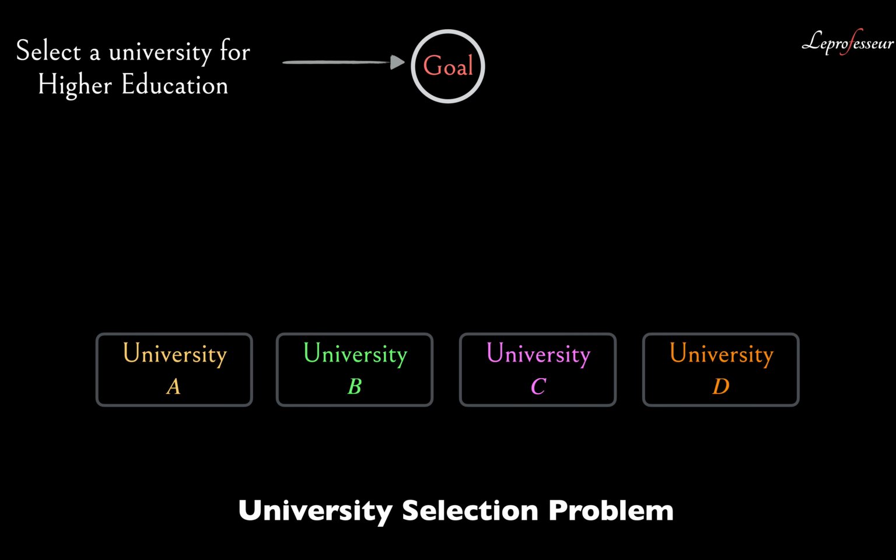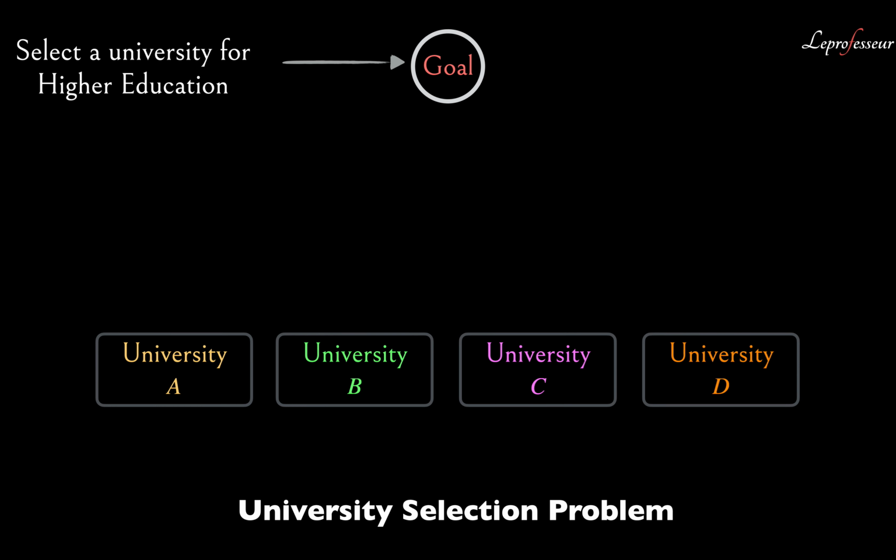I don't want to name universities here because that can become biased, so I'm just neutralizing and saying University A, B, C, D. One can pick a name, say University of Toronto, Berkeley, Stanford, Harvard, whatever you want. So these are my alternatives, and out of these 4 alternatives, my goal is to choose one university.